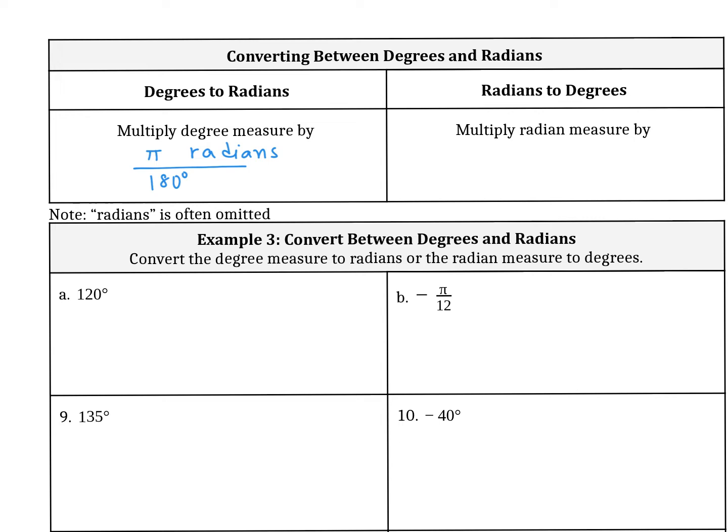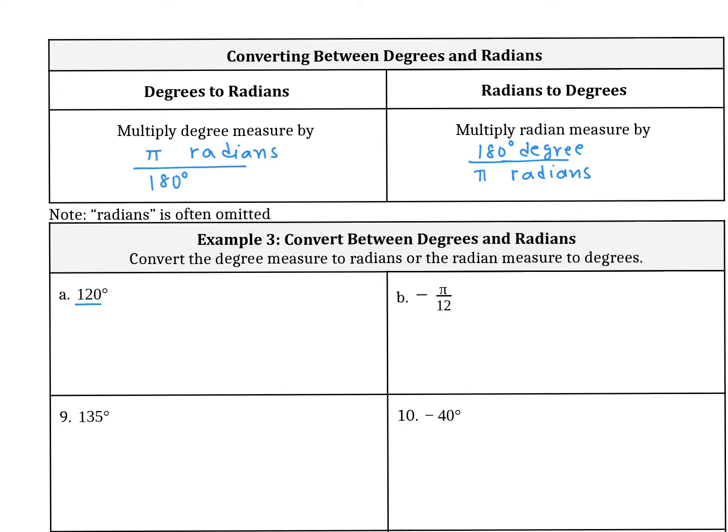To turn radians into degrees, you're going to multiply by 180 degrees divided by pi radians. So for example, you're going to convert degrees into radians and radians into degrees.